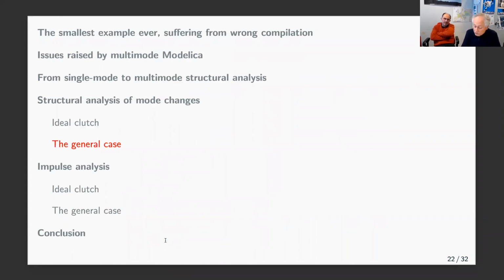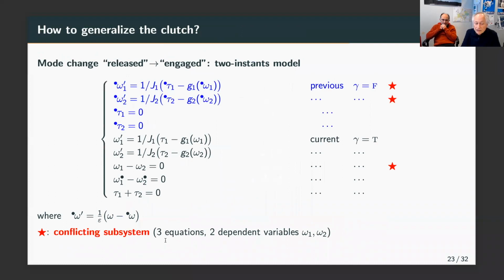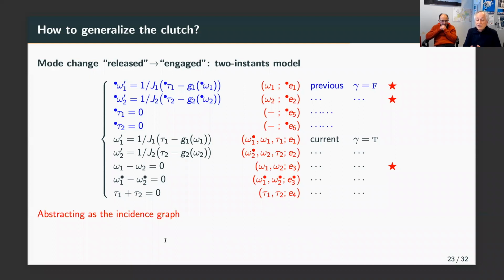So what can we do in the general case? Let's see what kind of reasoning we should apply. We need to find conflicting subsystems. For this, again, the technique consists in abstracting it as its incidence graph, shown here. You have the involvement of each variable in the different equations, shown in red here. Here you have no variable because tau 1 and tau 2 are considered as states.